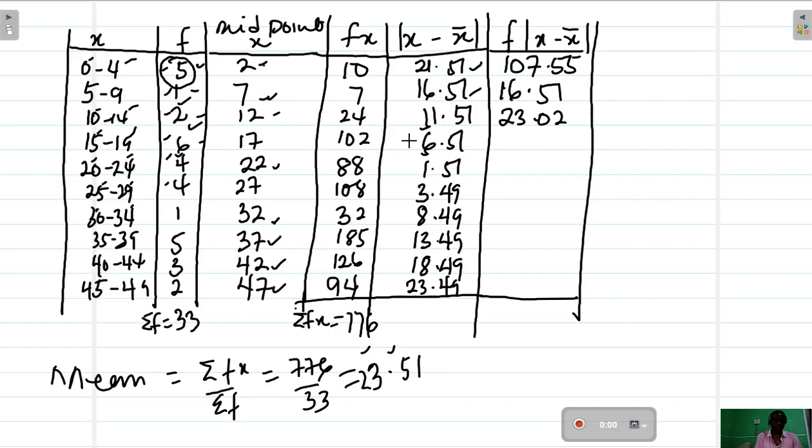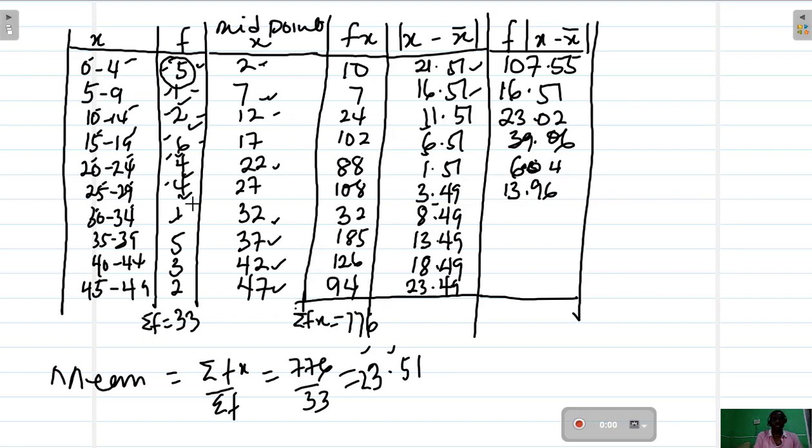Then we come to 6 times 6.51, which will also give us 39.06. Then again, 4 times 1.51 will also give us 6.04. Then another 4 times 3.49 will give us 13.96.